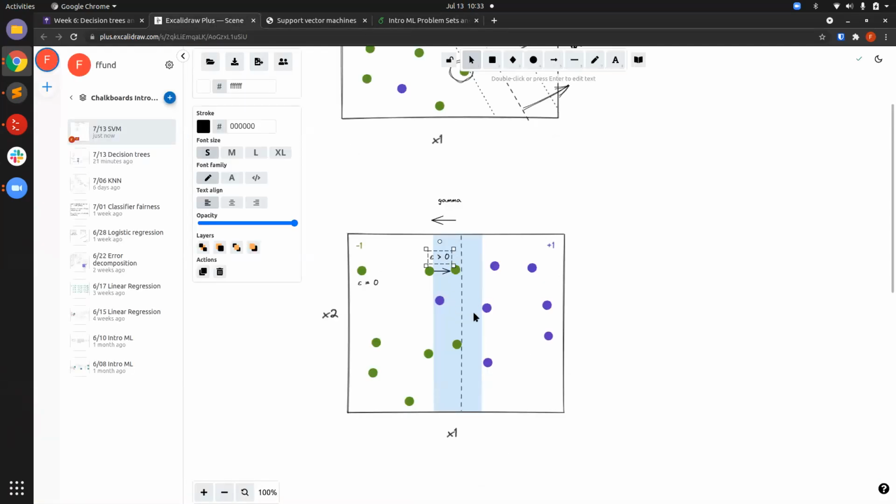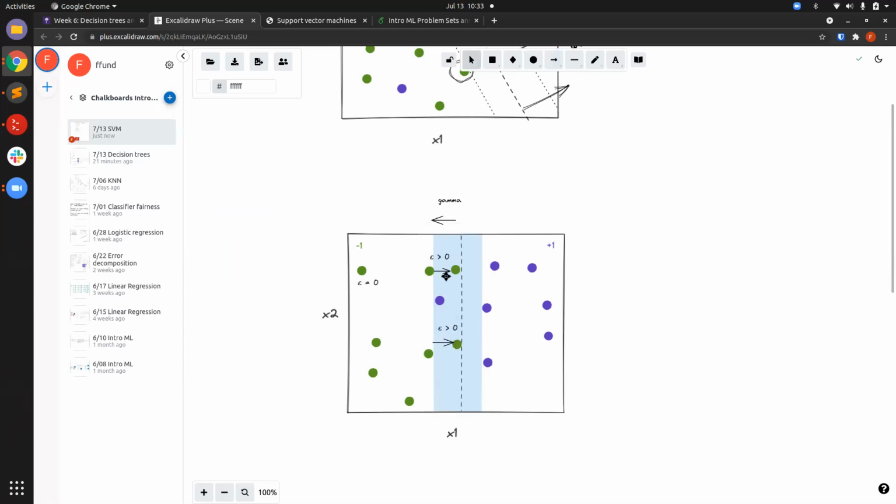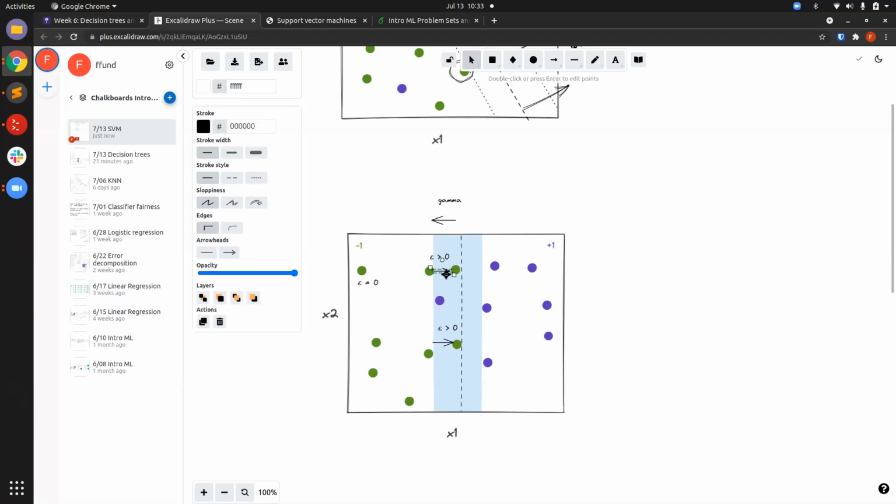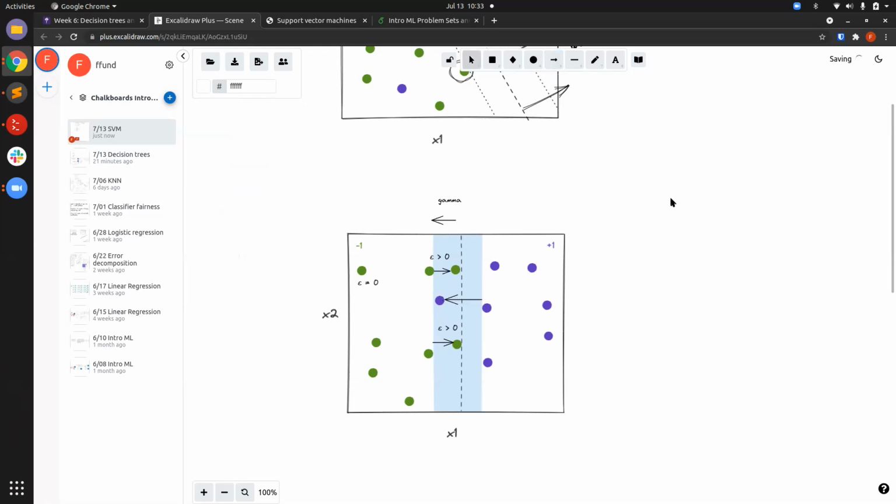This point has epsilon greater than 0. Same deal for this point, which is also between the margin and the hyperplane. And then we also have this point here, which is even farther from the margin. And for that point, epsilon is actually greater than 1.